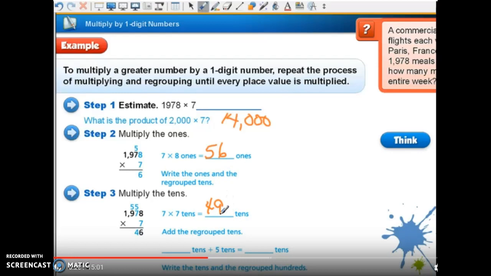How many regrouped tens do we have to add? They're talking about these right here. So 49 plus 5 is 54. Write the tens, that's the 4, and regroup the 5 to the hundreds place.